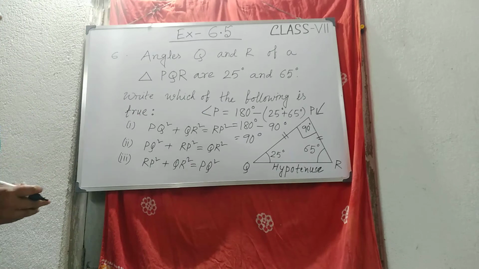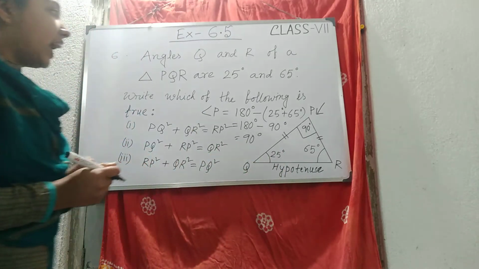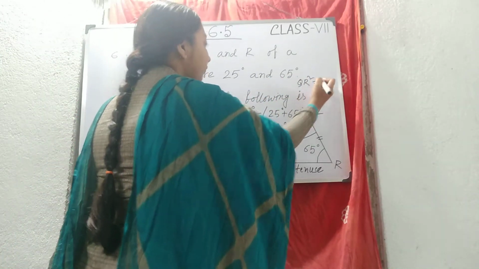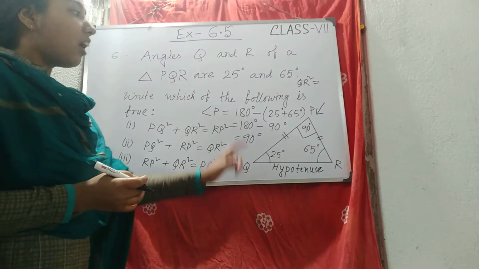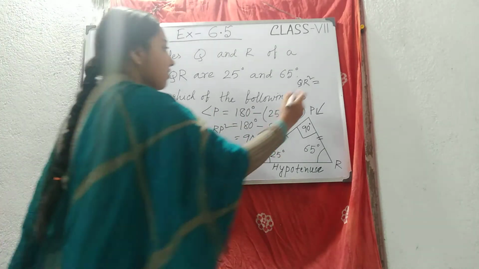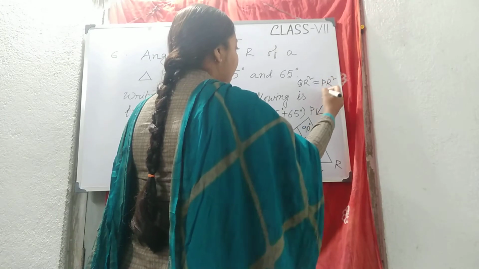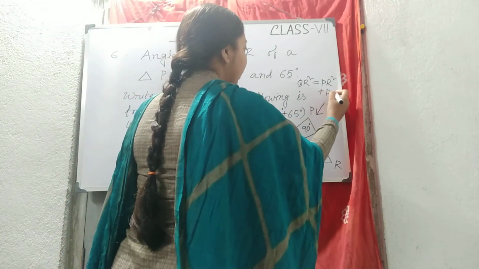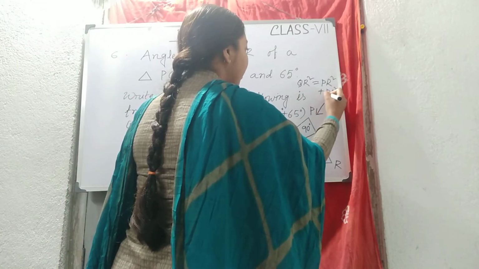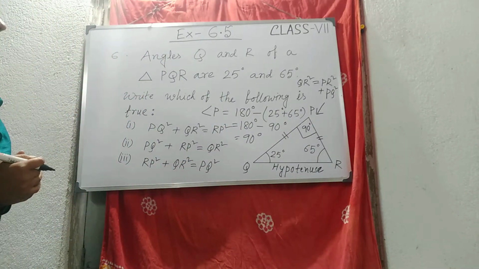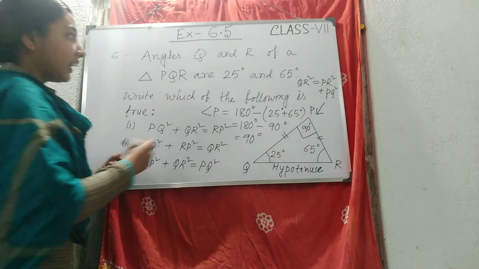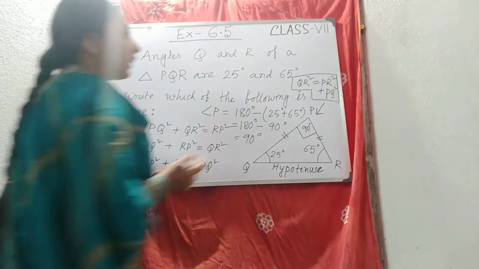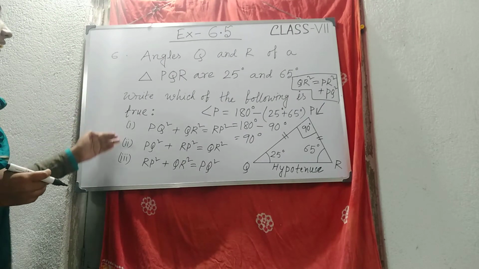So hypotenuse square, QR square, will be equal to sum of squares of its legs, PR square plus PQ square. So from Pythagoras property we are getting this formula. Now we have to check these three options.